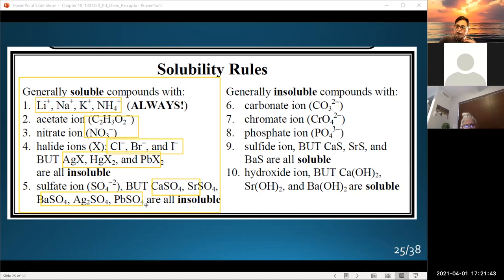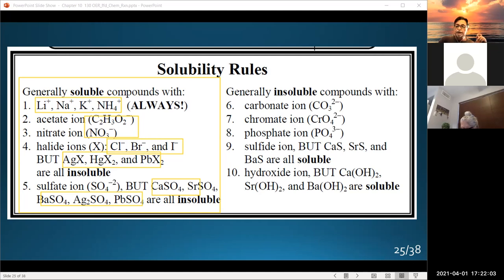Now remember, soluble means it totally goes in solution, roughly 100%. Insoluble means not so much, maybe 1 to 5% goes in solution. You still have the bulk of it combined together, but there is a little bit of ions in solution, okay?